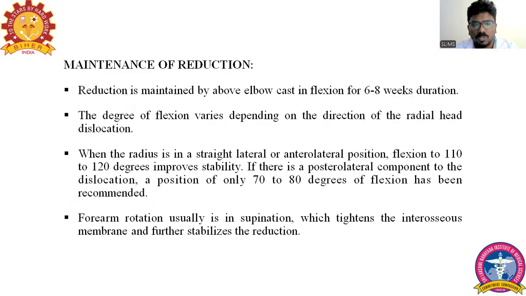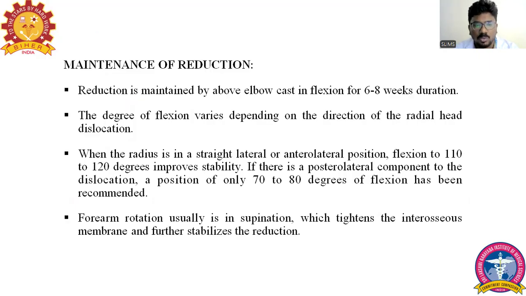So this is the most important point. When the radius is in a straight lateral or anterolateral position, for example lateral or anterior position, flexion to 110 to 120 degree is done to give important stability. If there is a posterior or posterolateral component to the dislocation of the radial head, a position of 70 to 80 degree flexion is sufficient to keep the radial head intact.